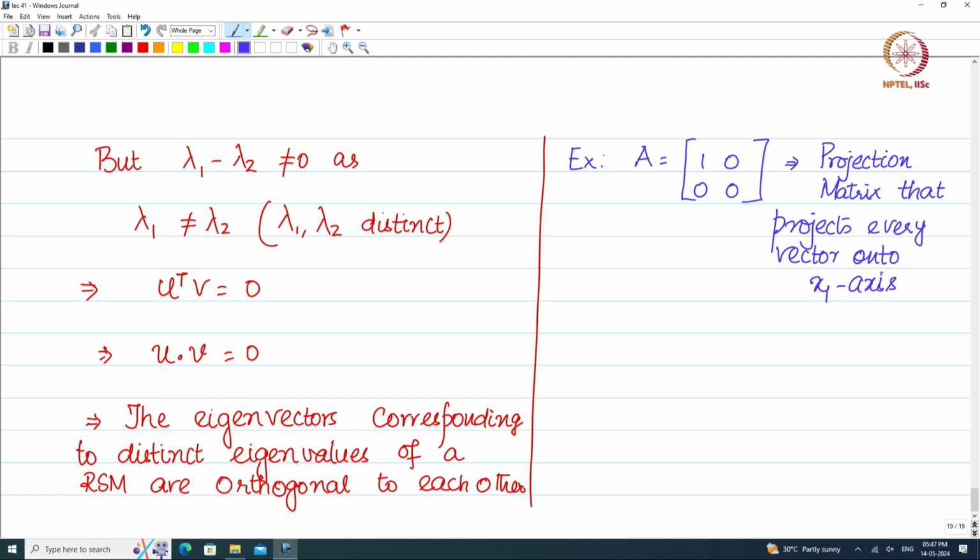We know that if you try to transform a vector (x1, x2), the resultant is always going to be (x1, 0). Now, what are the eigenvalues for this? So, we have A minus lambda I, which is nothing but [1 minus lambda, 0; 0, minus lambda], the determinant of it is equal to 0.